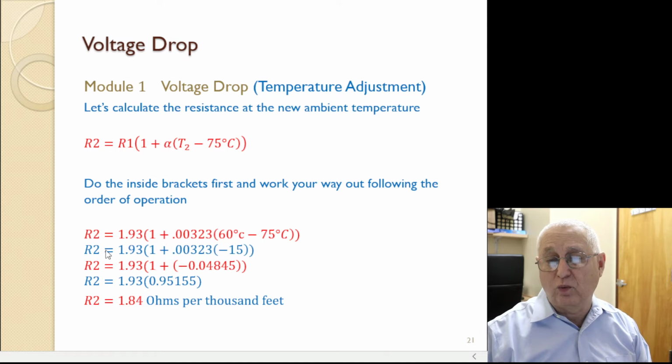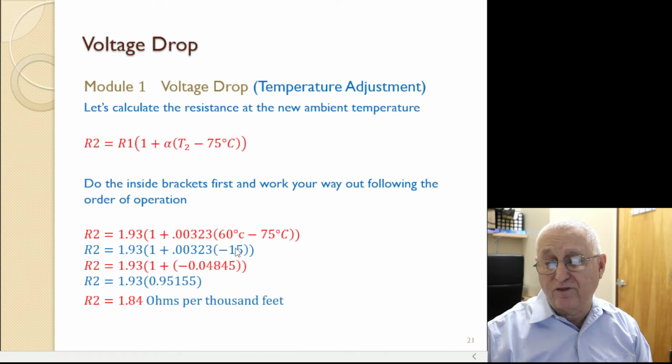So we have R2 equals 1.93, times 1 plus 0.00323 times negative 15.